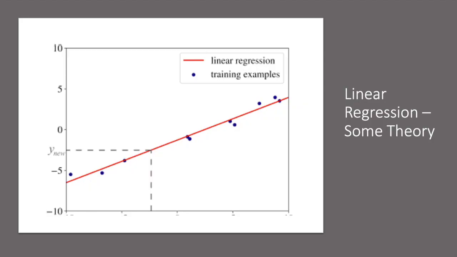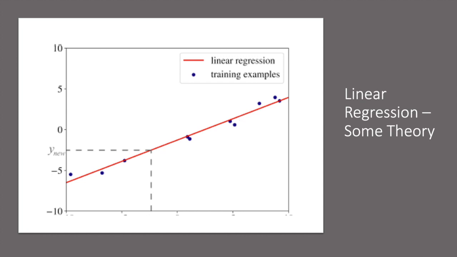Okay, so let's have a look at this figure. It displays a regression line. The red line that you are seeing here is the regression line for one-dimensional examples, which are our blue dots. Basically, the idea here is to find the linear regression of these blue dots, and this red line is the one that predicts the target value.